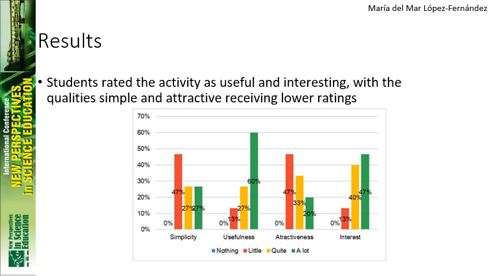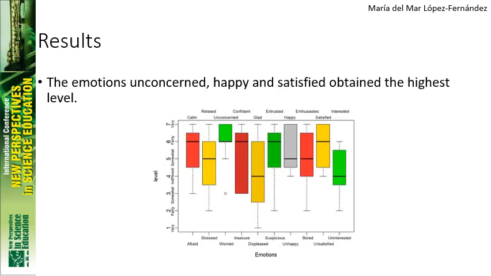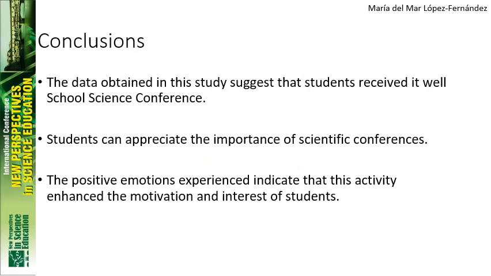Students rated the activity as useful and interesting, with the quality simple and attractive receiving lower ratings. The emotions experienced during the activity were valued highly, as all students indicated positive emotions from each pair provided. The data obtained in this study suggests that students received well the school science conference.